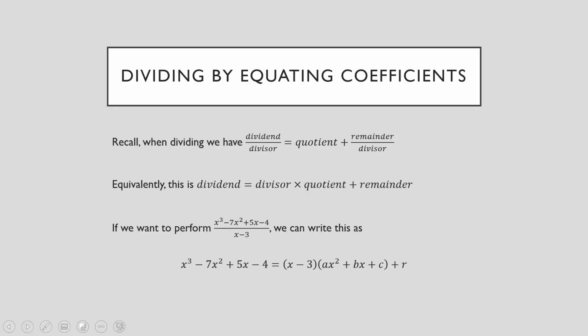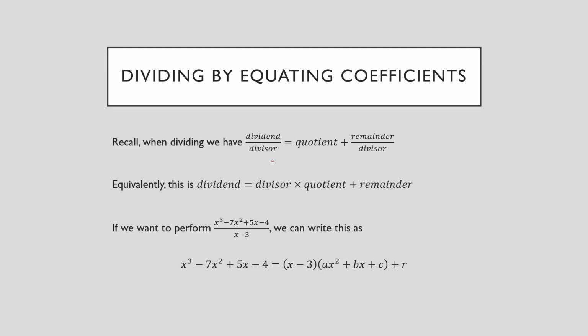Okay, so first of all, when we divide polynomials, we take some kind of dividend, some polynomial divided by a smaller or lower degree polynomial, and we end up with this quotient on top of our division bar plus the remainder, that number that we get at the end, divided by our original divisor.